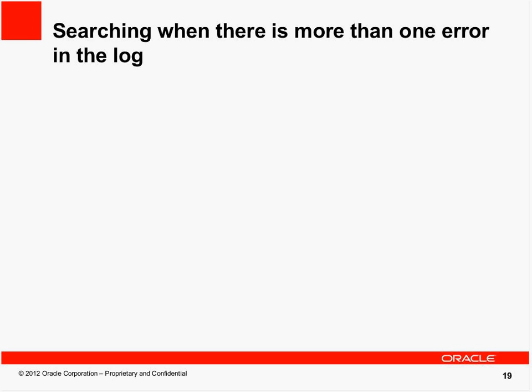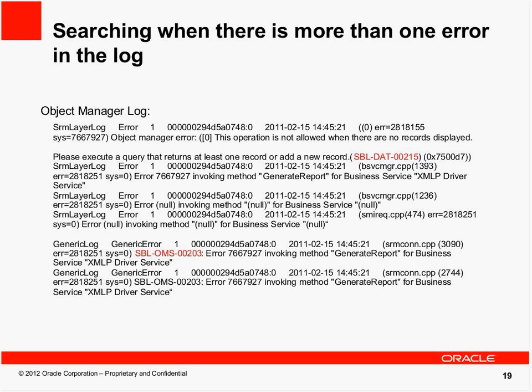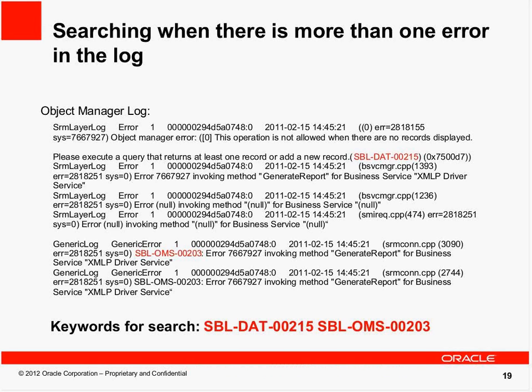There is more than one error in the log, which happens often. Let's say that this is our object manager log, and we see in red two errors, SBL-DAT-00215 and SBL-OMS-00203. The keyword for this search should be both messages.